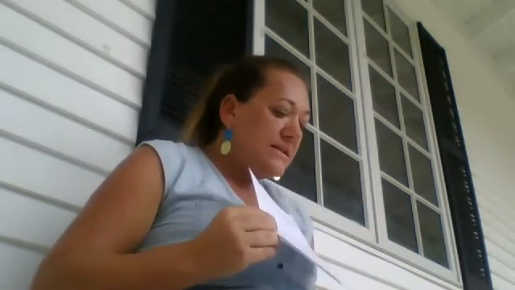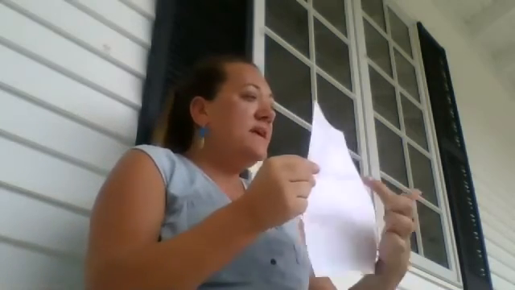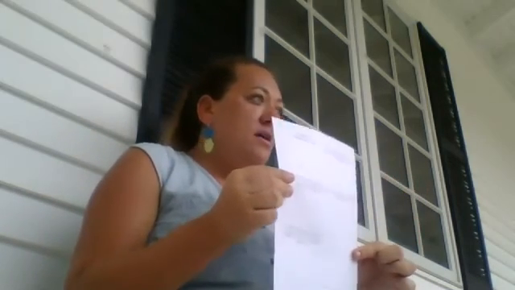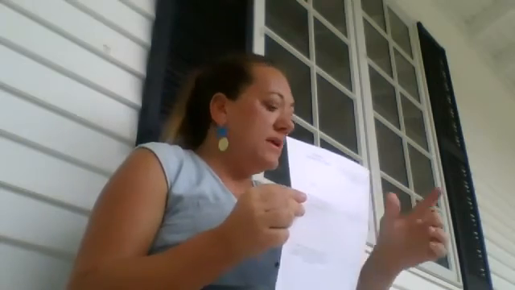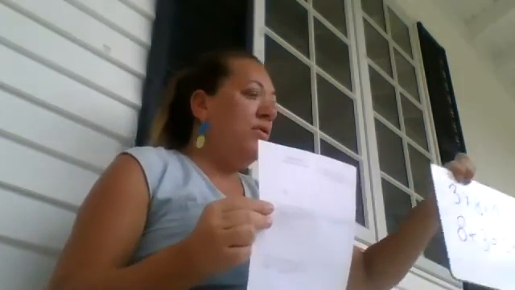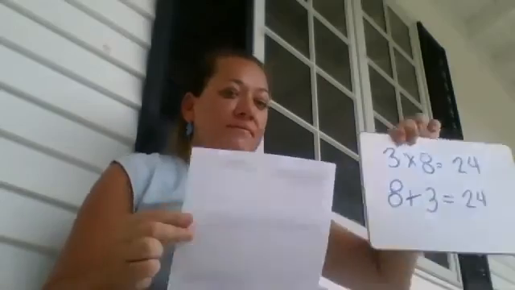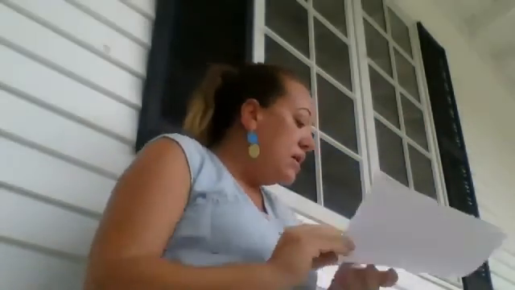So for whichever one of these is a commutative property, you would write commutative property, and then you would give an example of the commutative property. You're not actually going to draw a picture, but you can add a picture if you want to.